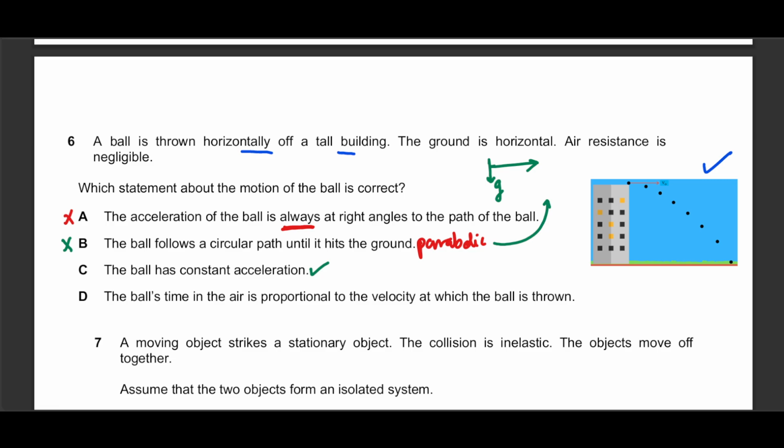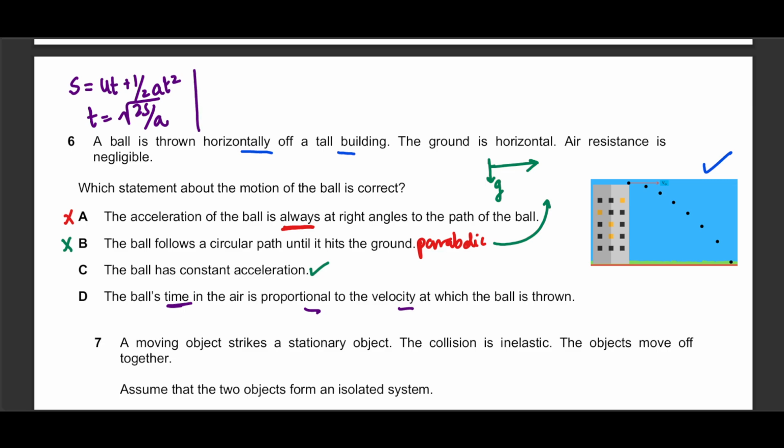So we can apply the equation of motion, which is s equals ut plus half at squared. Now, we can see that the time of fall is actually not proportional to velocity, it is going to be equal to the square root of 2s divided by a.